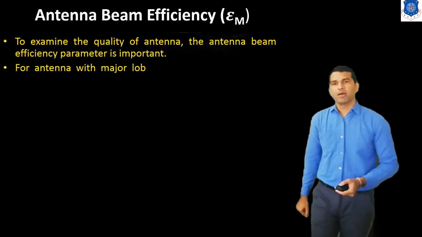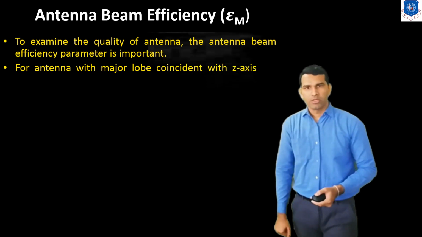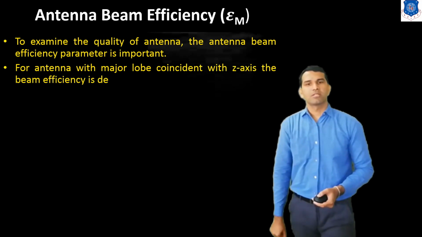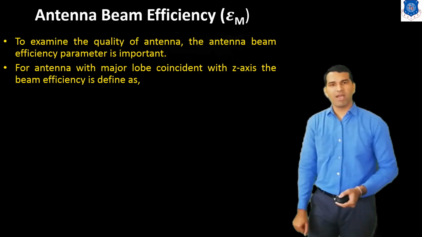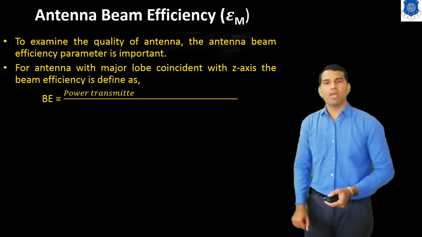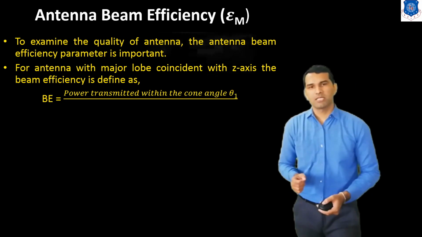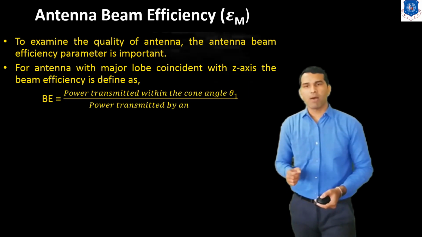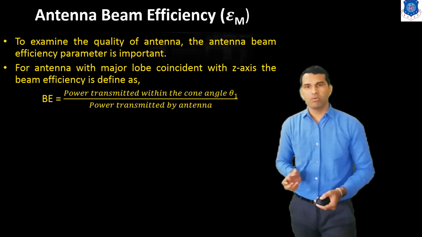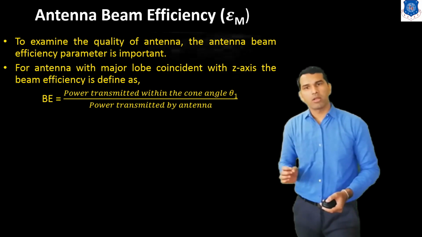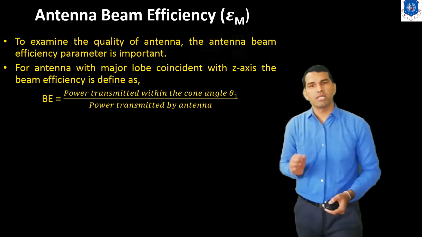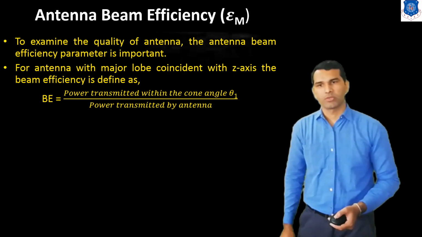For an antenna with a major lobe coincident with the Z-axis, the beam efficiency is defined as BE equals power transmitted or received within the cone angle theta 1 upon power transmitted or received by the antenna.